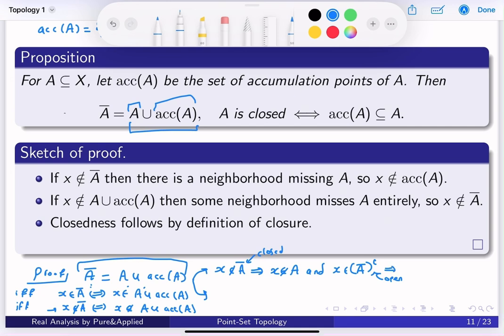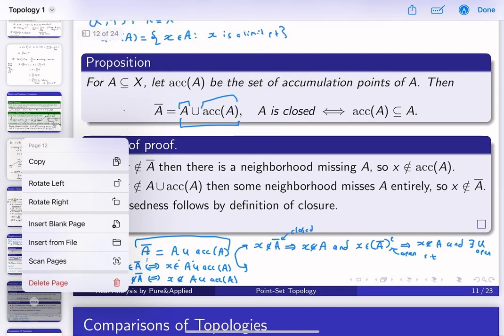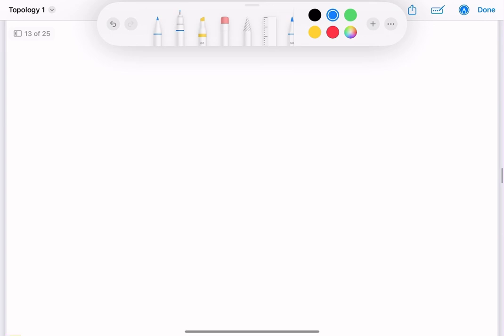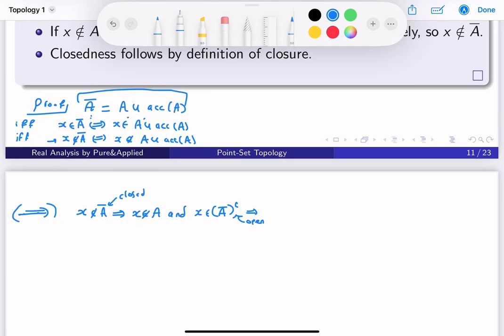So maybe we can show it this way: X is not in A, and there exists U open such that... maybe we need some more space here. So let me continue it here.